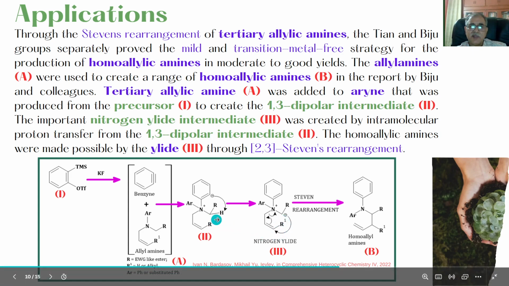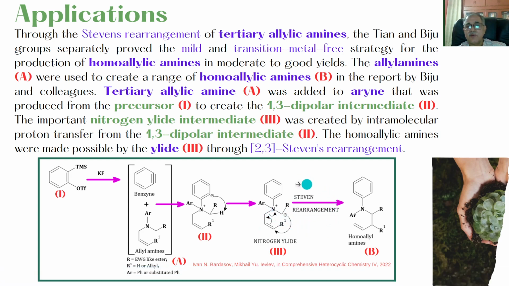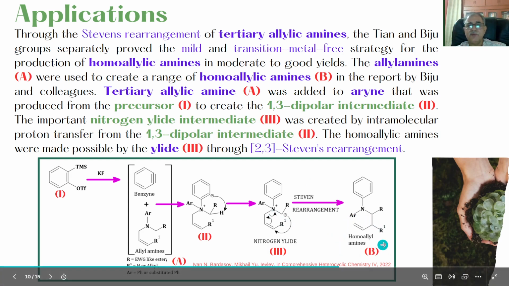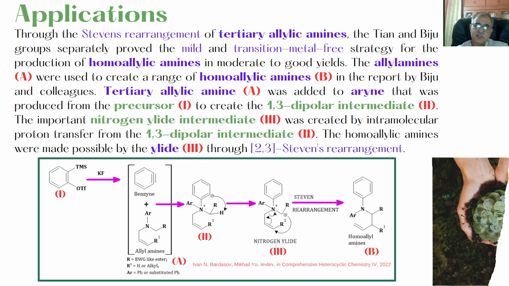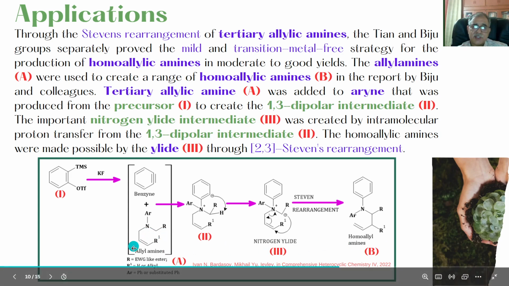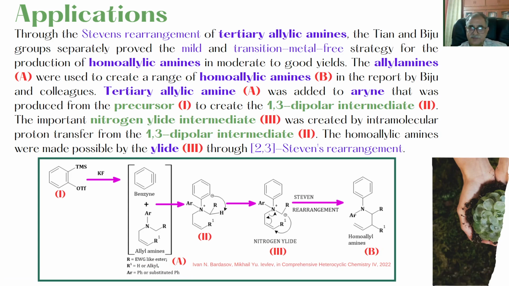So basically the 1,3-dipolar intermediate will be converted into a nitrogen ylide, and then the nitrogen ylide will undergo Stevens rearrangement to get converted into homoallylic amines. So this is how tertiary allylamines are converted into homoallylic amines through Stevens rearrangement.